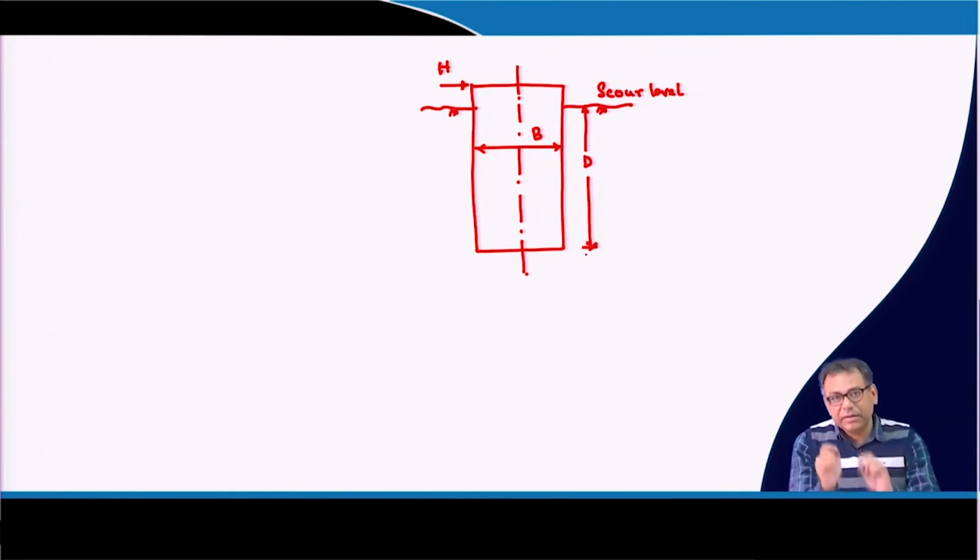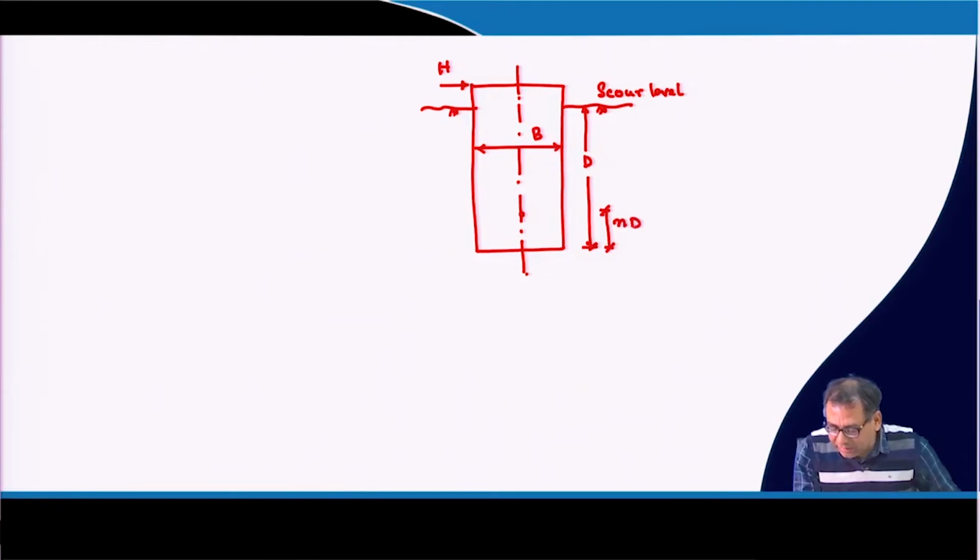And here, as per this method, it is assumed that this well will rotate about a point, and say this point is this one, and that point is at a height of ND from the base of the well. When it will rotate, this well will rotate within the soil.